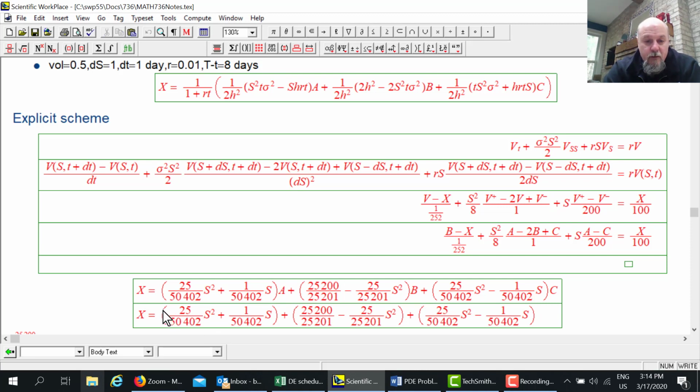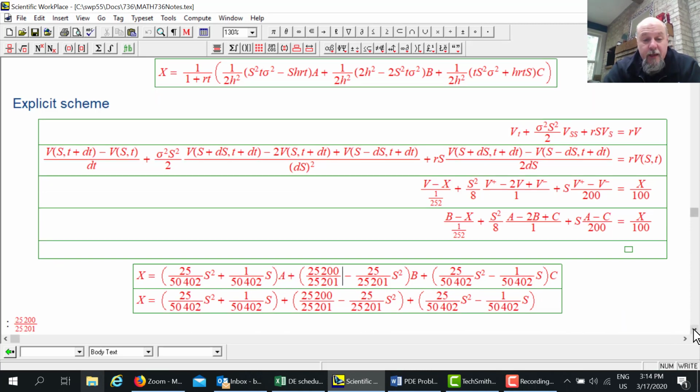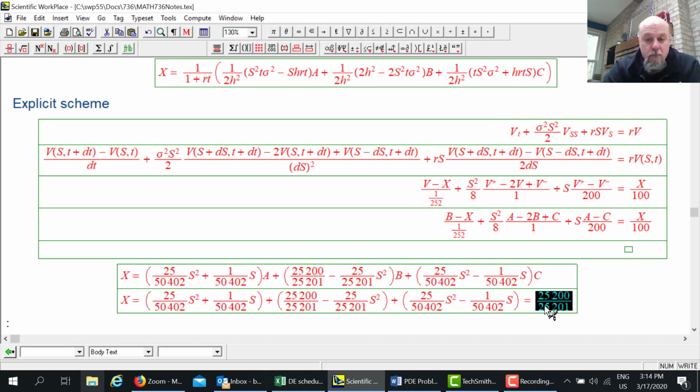In this step down here, I removed the A and B and C just to simplify things down to see what I got, and that gave me that, which should be our time value of money. That should be the 1 over 1 plus r dt, right? A tiny bit of discount. The 252, because we're dividing days up by 252.